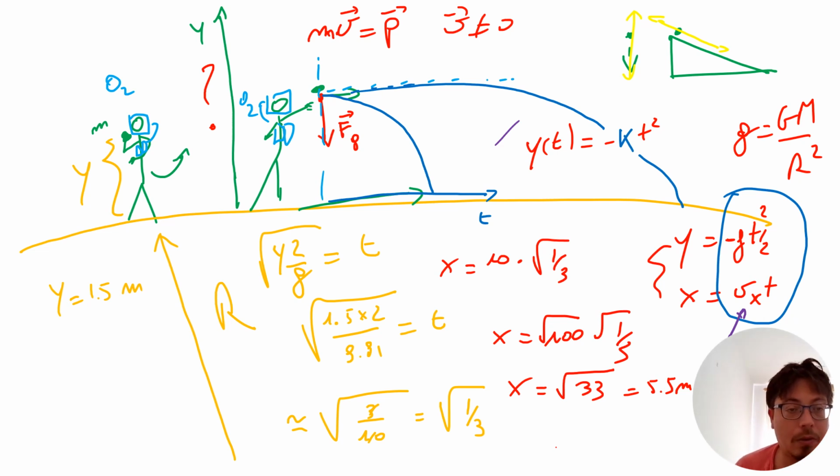Okay, so I hope I convinced you at least how to approach this kind of easy problem. Of course, if you change the angle, that's an interesting point. What's the best angle to throw the object in order to maximize the length at which you throw the ball?